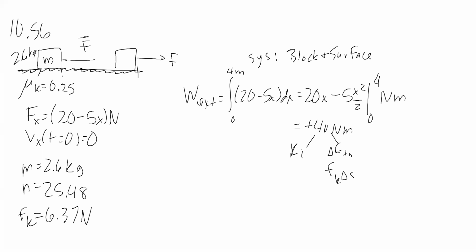newtons. So then the thermal energy is 6.37 newtons times 4 meters, which is, oh, look, it is the same thing, because if the coefficient is 1/4, then the change in thermal energy is 1/4 times the normal force times the displacement of 4 meters.